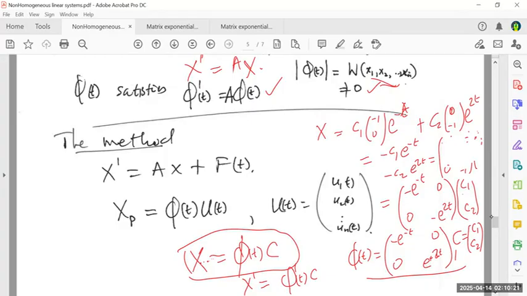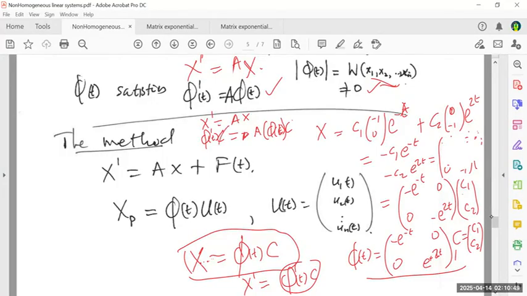So remember, if x prime is equal to ax, replace it: phi prime of t times c on the left-hand side, and on the right, a times x, that's phi of t times c.